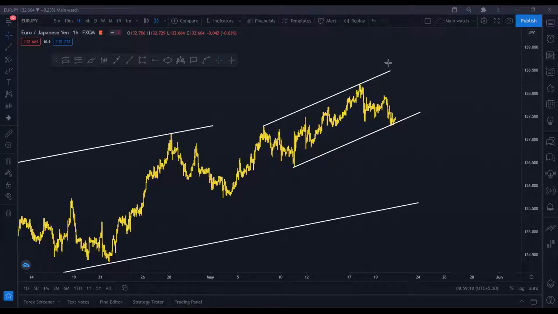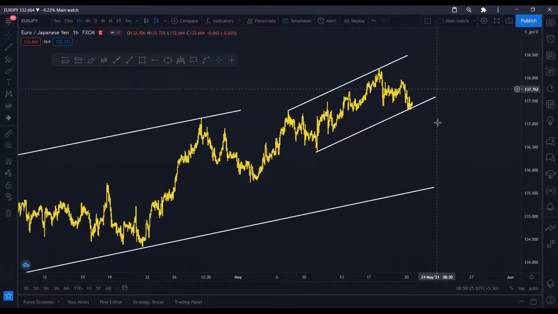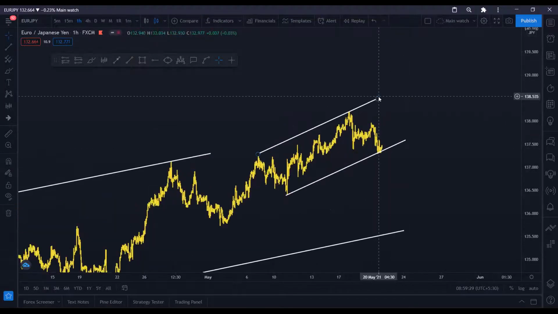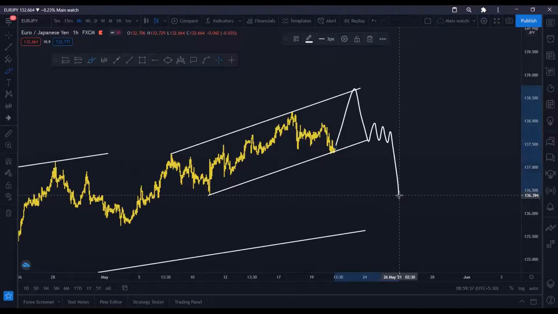If you look at this level, this is clearly indicating that price is moving into the reversal structure, which is the ascending channel structure. But there is also a possibility that the price will move up from that level. Is it possible that price can move up and from that level it will move down? Yeah, this is also possible.